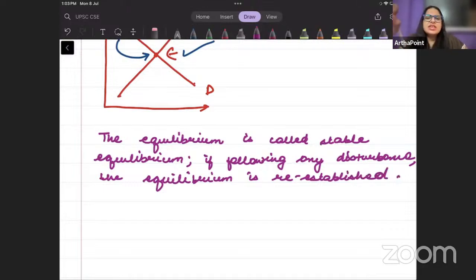So whenever there is any disturbance, any disturbance at all, so you reach a lower price due to some reason, if you are able to go back to the equilibrium, then it will be called stable equilibrium.